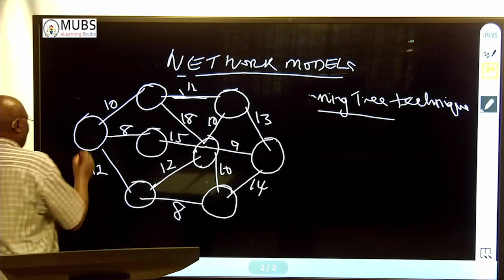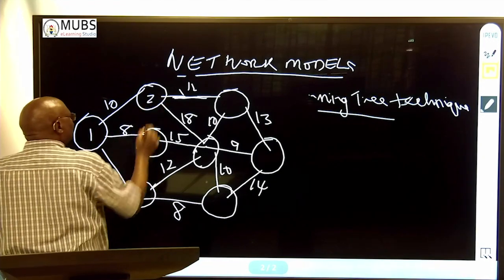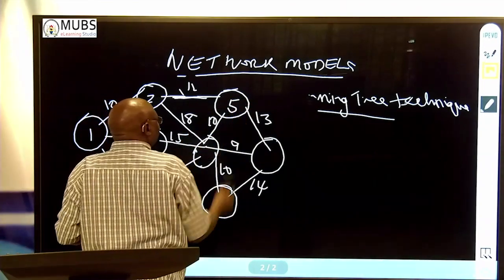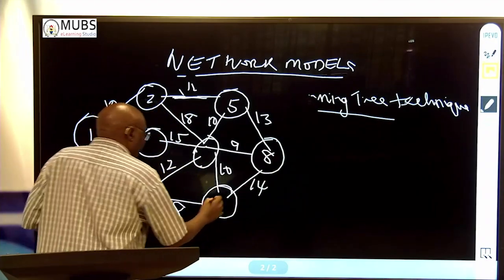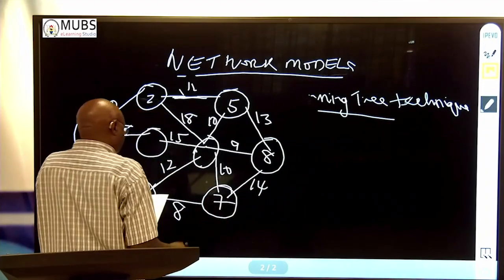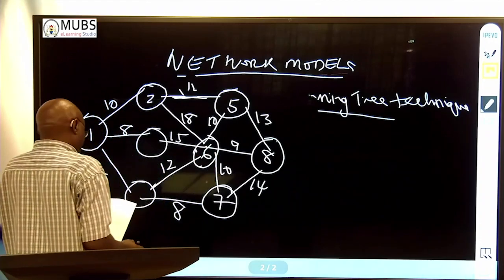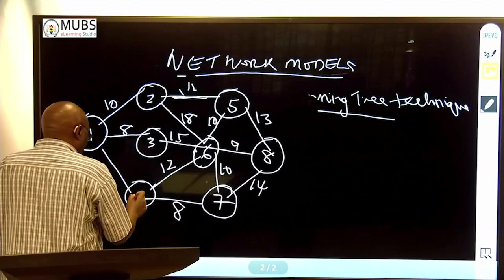This is house number 1, house number 2, house number 5, house number 8, house number 7, house number 6, house number 3, house number 4.